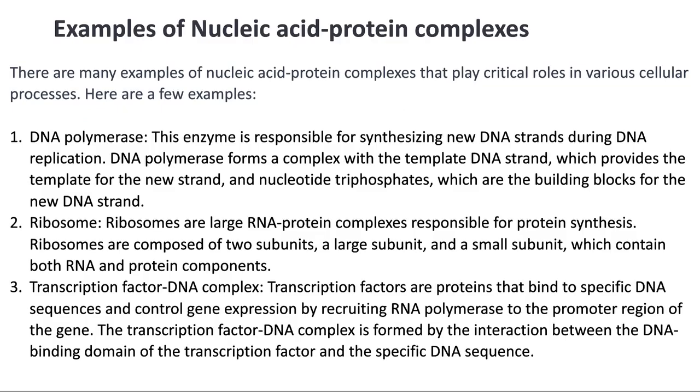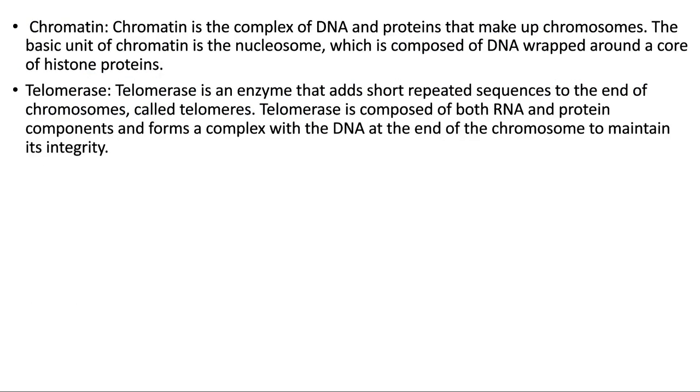Now, examples of this nucleic acid protein complex, there are many of them, but we are going to take a few examples. You have the DNA polymerase, okay, you have the ribosomes, you have the transcription factors, and so on and so forth. Chromatin also is a complex, and then the telomerase is also a complex. So you just have to go through it.